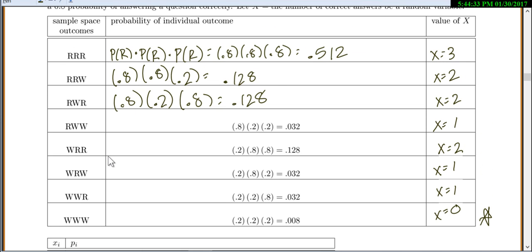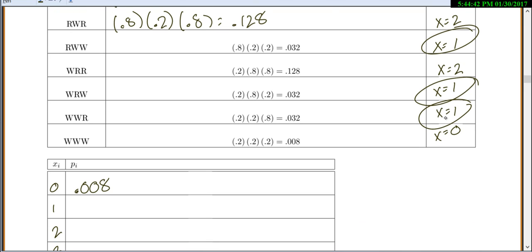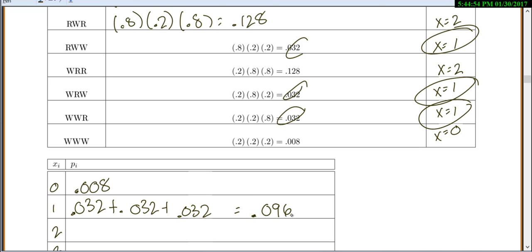Let's see. I have a 1, and a 1. Okay, so 3 different ways to do it. And it looks like they're all 0.032. So 0.096.